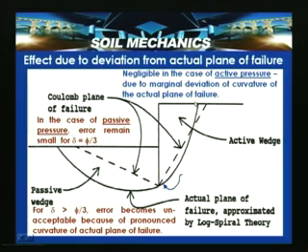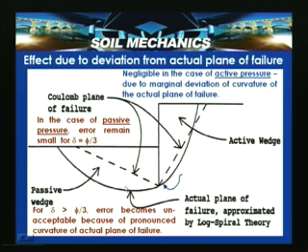But if you look at this figure, the actual failure plane for the active case is this one, which is approximated by the log spiral theory. In the passive case there is much more deviation, and this passive wedge is based on the log spiral theory, and this is the actual plane of failure.